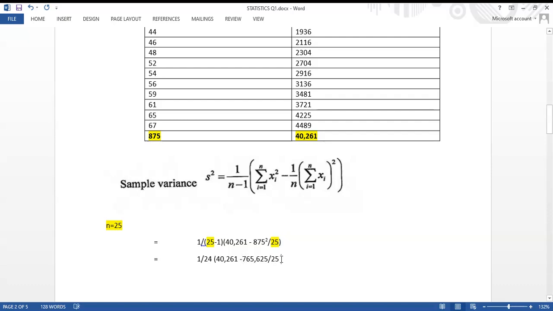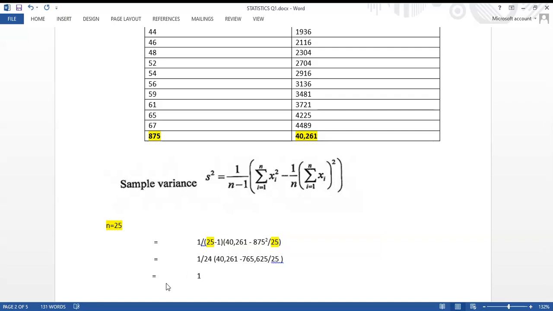Remember, we are doing PEMDAS, so before we continue with the operation, we have to first divide this 765,625 by 25. That's the first operation we're going to do.